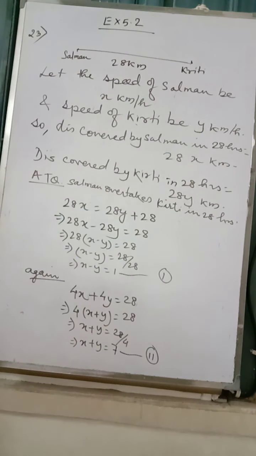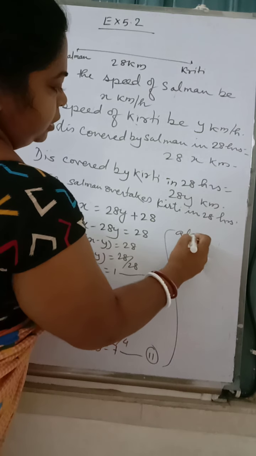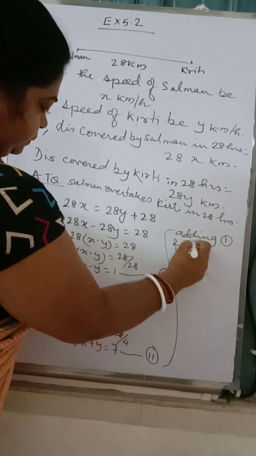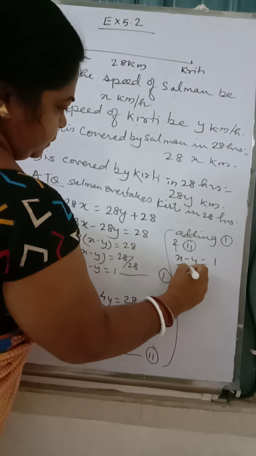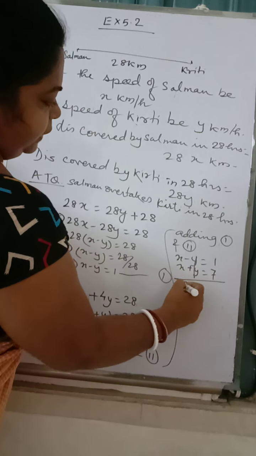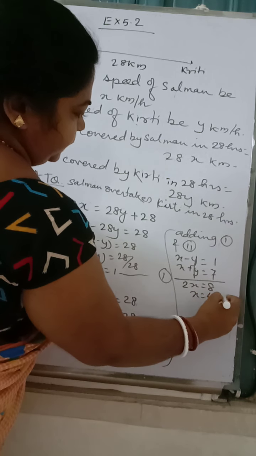Now in the first situation we have x minus y, and in the second situation we have x plus y. So what we will do, we will add 1 and 2. x minus y is 1, x plus y is 7. I have eliminated y, 2x is 8, so x is equal to 4 km per hour.